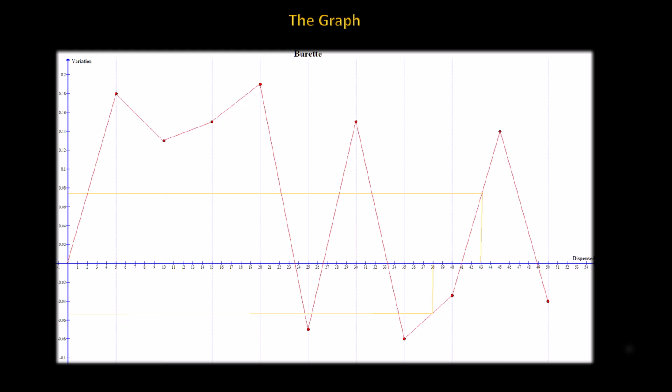Each vertical line represents the 5 milliliter segments, which was dispensed. The red dots are the measured and calculated true volume of each lot of 5 milliliters up to the 50 milliliter mark. The red line that connects the dots is used to extrapolate the estimated true volume dispensed from the burette.